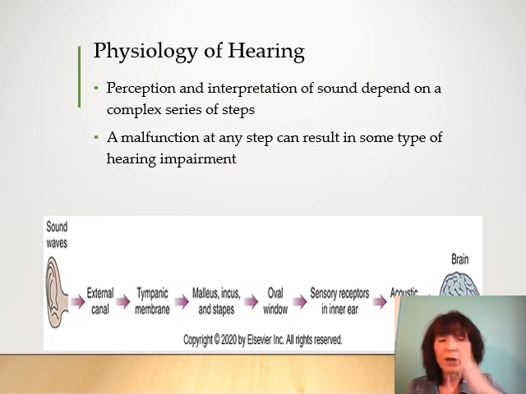The oval window can move also. And the sensory receptors in the inner ear go to the acoustic nerve, which then goes to the brain and says, hey, you just heard some beautiful music. And then you want to hear some more. You turn your ear maybe more towards that sound.